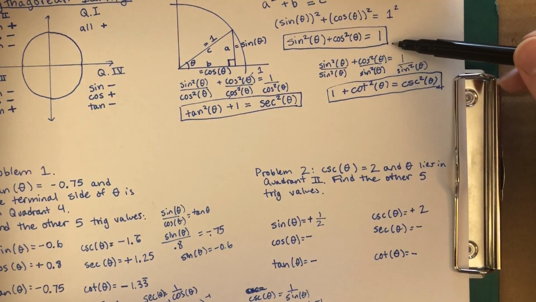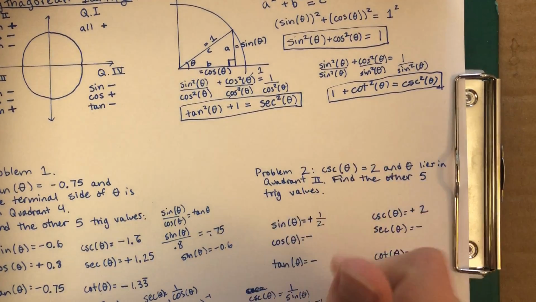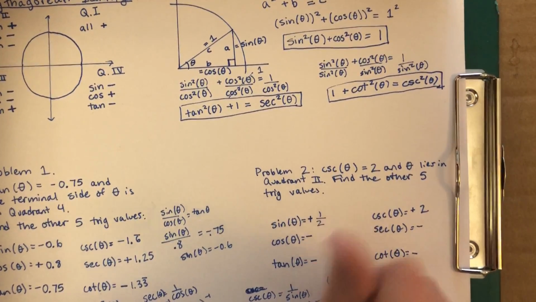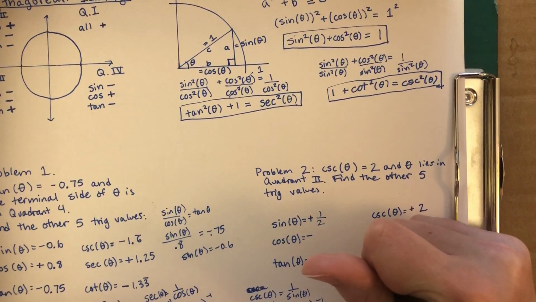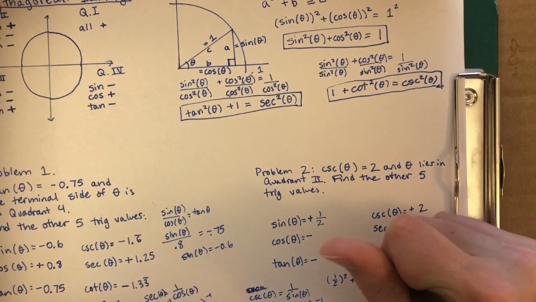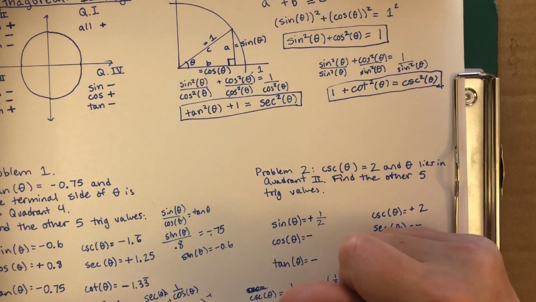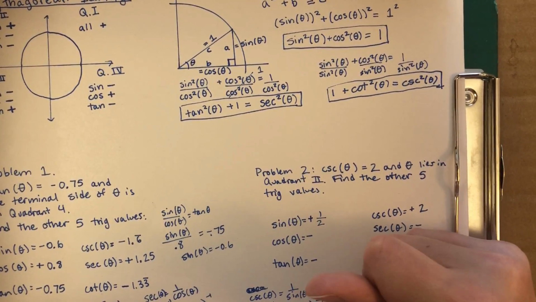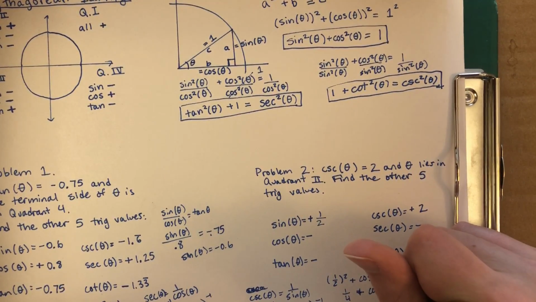And then I can do this Pythagorean identity, sine squared plus cosine squared equals 1. So I have 1/2 for sine. Cosine, I don't know yet. And this equals 1. So 1/2 squared is 1/4. 1/4 plus cosine squared equals 1.